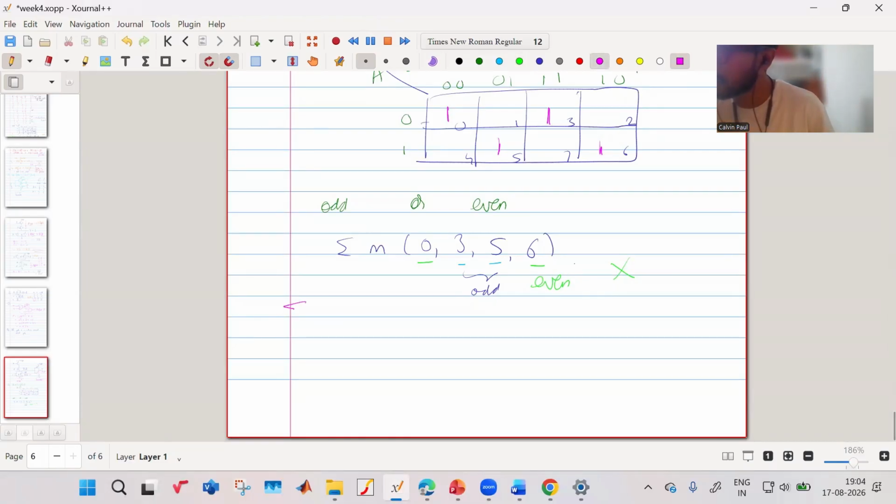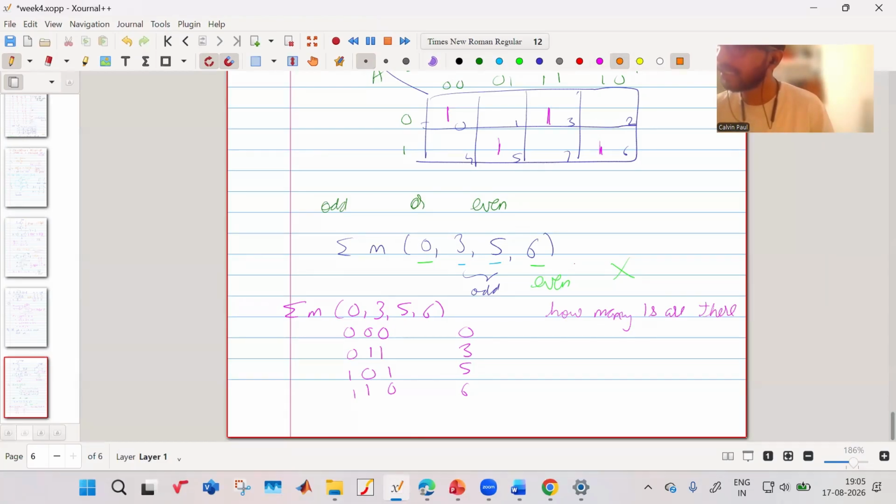Summation of m has 0, 3, 5, and 6. 0 is 0, 0, 0. 3 is 0, 1, 1. 5 is 1, 0, 1. And 6 is 1, 1, 0. So how many ones are there in all these cases?